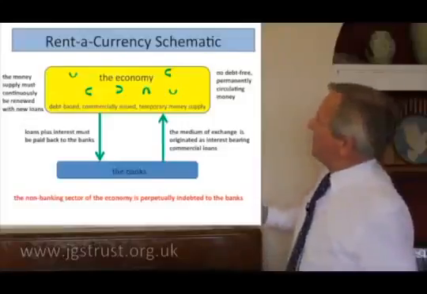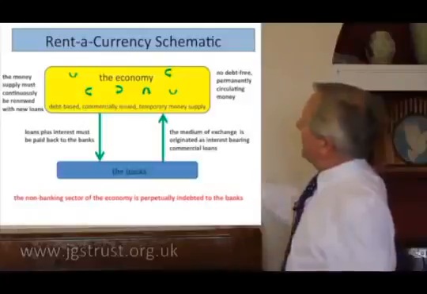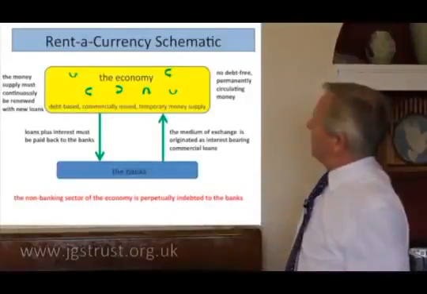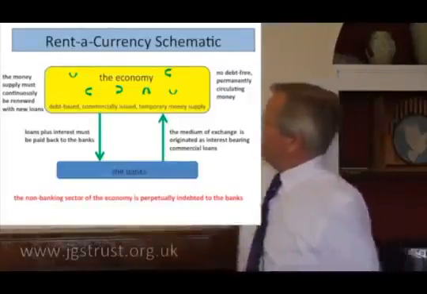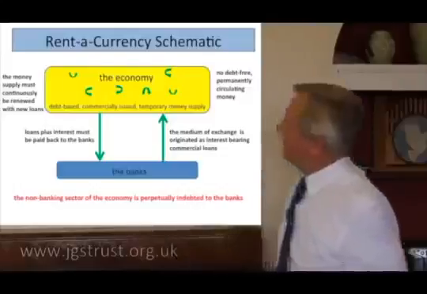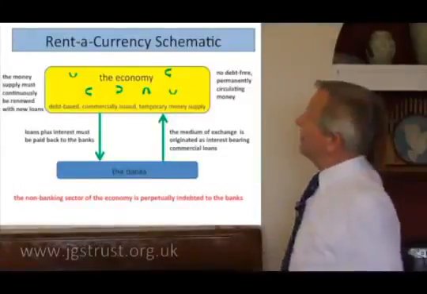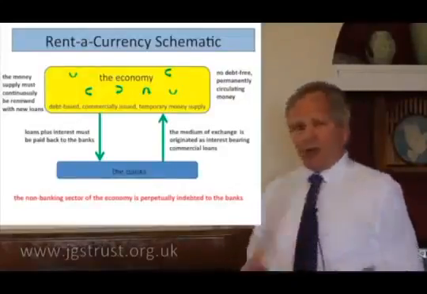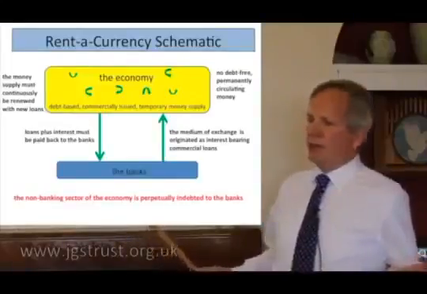It's all temporary, transient, ephemeral, and it comes into the economy, as we've seen, from interest-bearing commercial loans, and it drains back out of the economy as the loans plus the interest. So the banks extract wealth from the economy by renting to us a bunch of numbers.